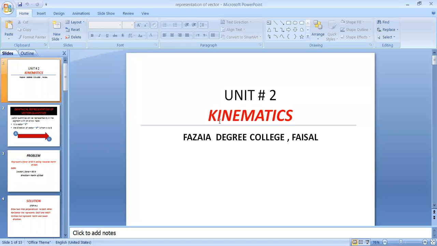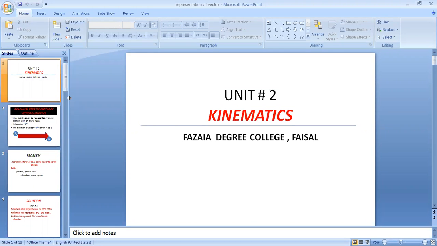As we are studying unit number 2, kinematics, we have discussed different topics like kinematics, different types of motion, states of rest and motion, and their examples. Then yesterday's topic was scalars and vectors.